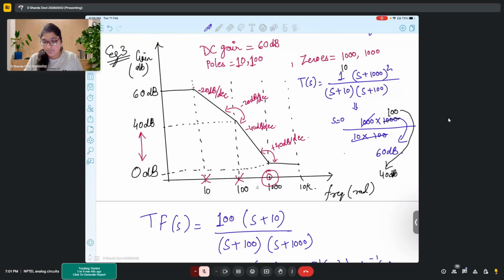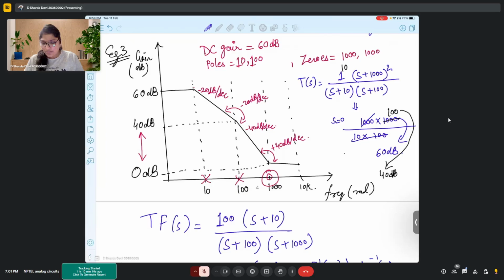Ma'am, pole frequency means its slope is decaying, and zero frequency means it is increasing. Can we decide it by name, sir? Sorry, can you repeat once again? Pole frequency means it will decay by minus 20, and zero frequency will increase.